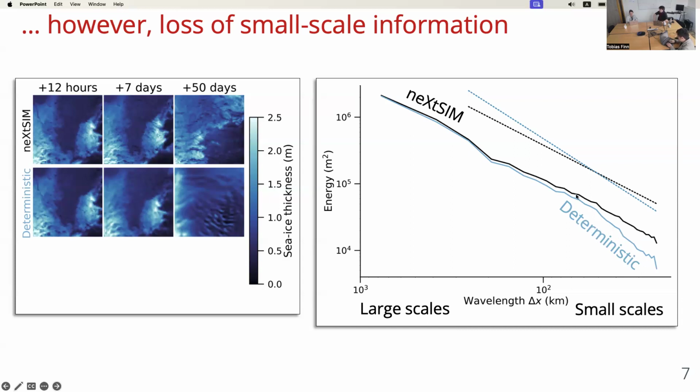We can clearly see that the energy in the small scales of the deterministic model is lower than the energy in neXtSIM, whereas for the large scales they match pretty well. So this means that the deterministic model somehow smooths out the fields, and now comes the twist.